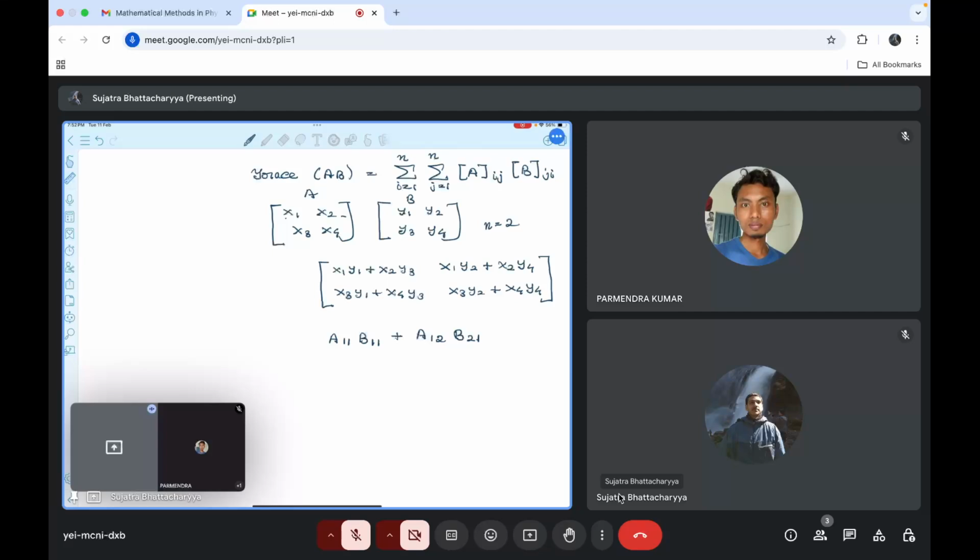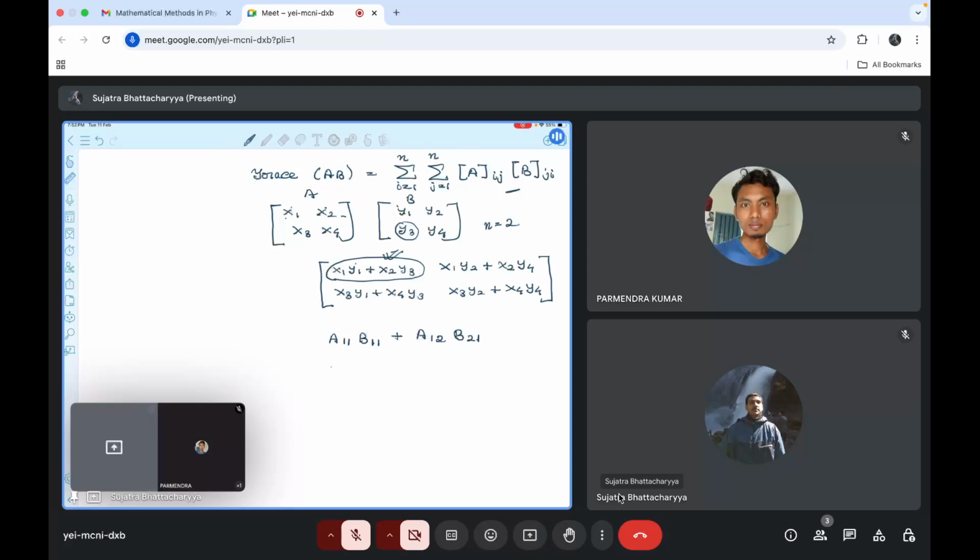Look at this part: isn't it a11 b11 plus a12 b21? It is the same, right? So this element is the same as this valid element.